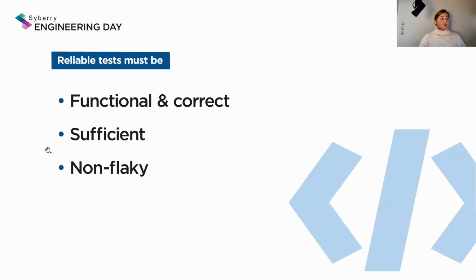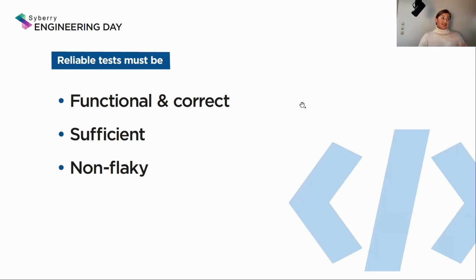Also, our tests should be sufficient, and here I'm not referring to a test in isolation, but more generally to the test suite. So we need to ensure that we didn't miss any checks. And the third one is non-flakiness. Now I propose you dive into each of these characteristics of good, reliable tests and check how we can ensure the quality of our tests within each aspect.